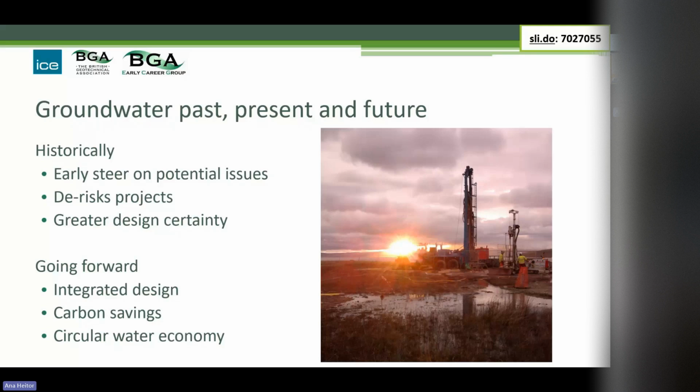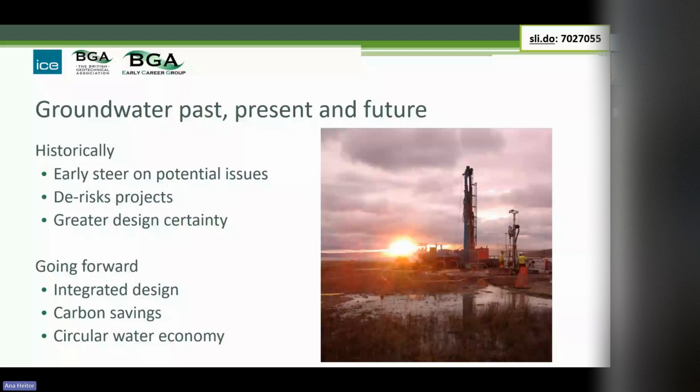And again, things like circular water economy. I've lost count of the amount of projects I've worked on with a big dewatering ask over there, and over here you've got a huge water demand, and the two sides of the project never actually speak to each other. And you come up with a solution that might work, well, you could use this for grey water, you could use this for ambient cooling before you discharge it out to sea.